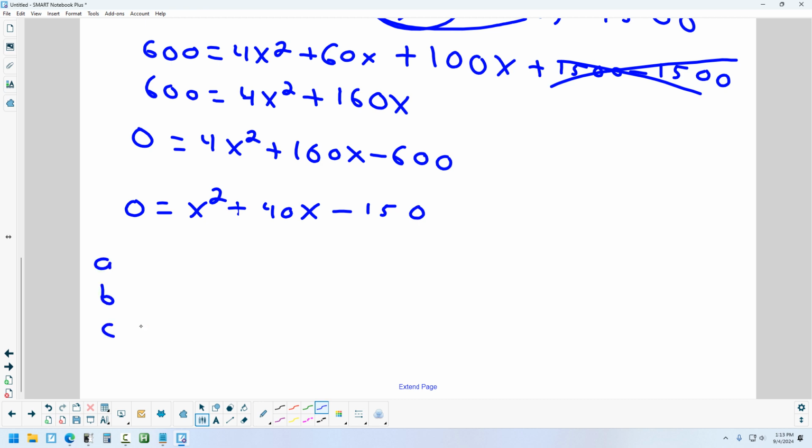Give you a hint, it's got 3 letters in it. Does anyone remember? Starts out negative b. Does anybody remember part of it from there? So negative b plus or minus. Anybody remember what goes under the square root part?